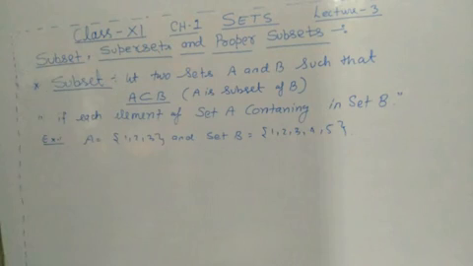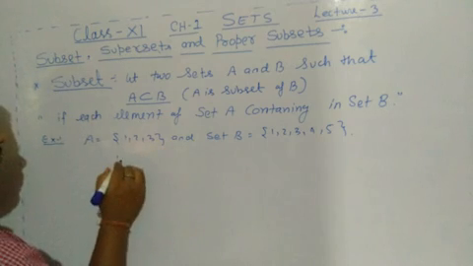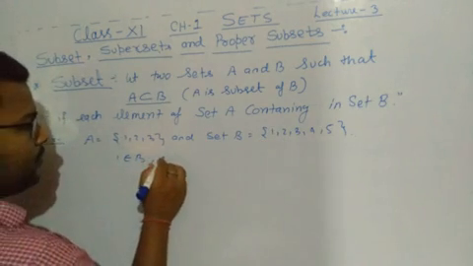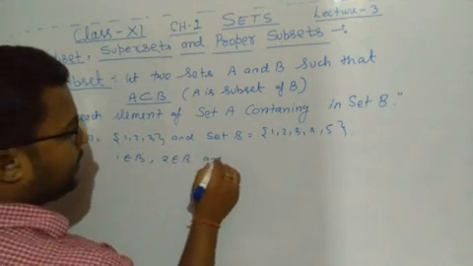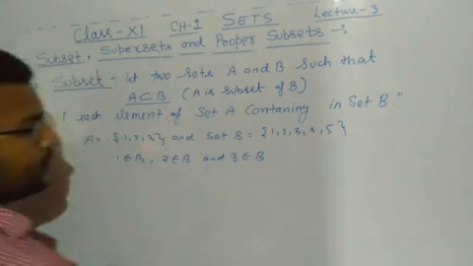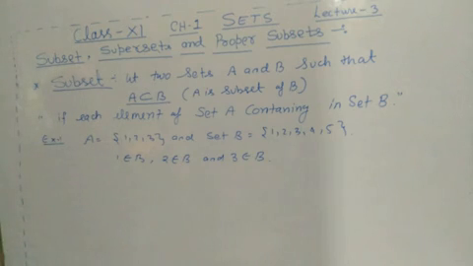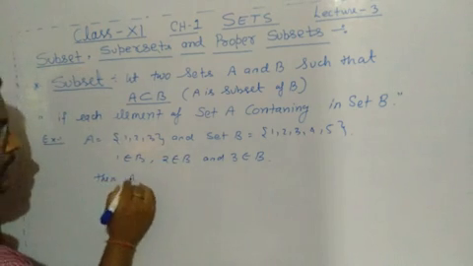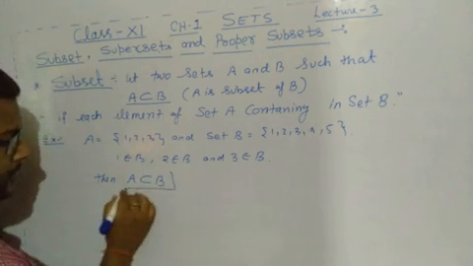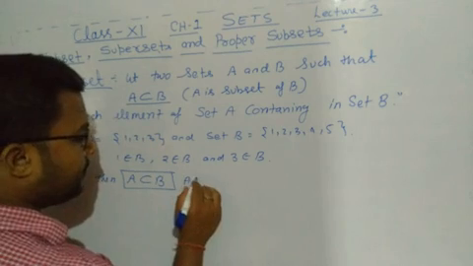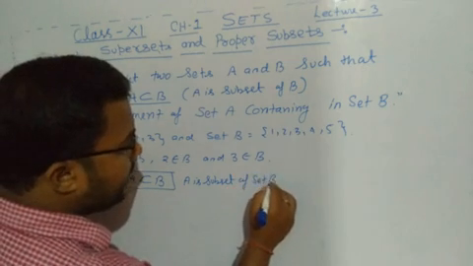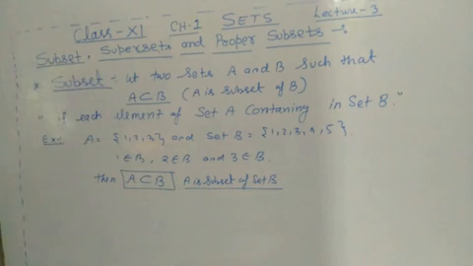In this given set, 1 also belongs to B, 2 also belongs to B, and 3 also belongs to B. Such that each and every element of set A belongs to B, then A is subset of set B.